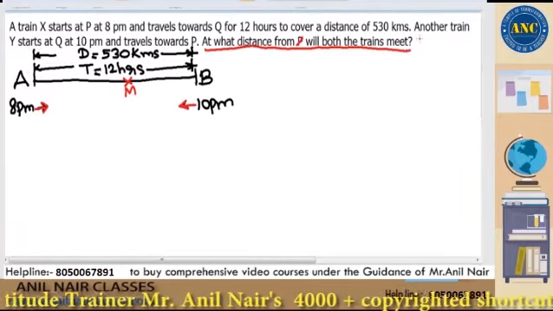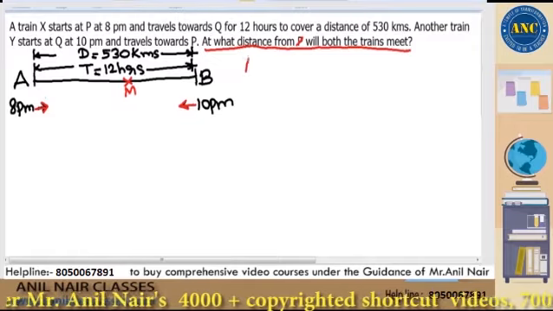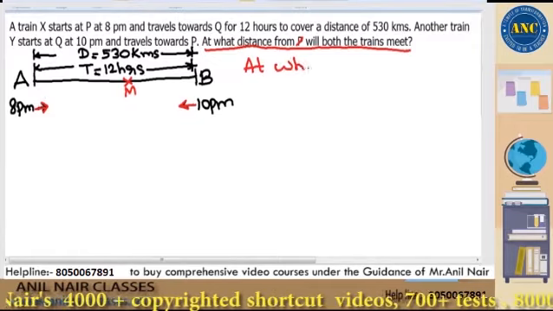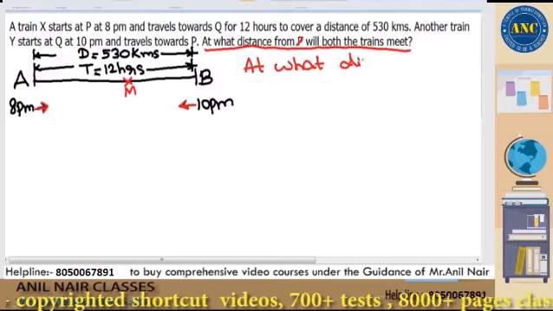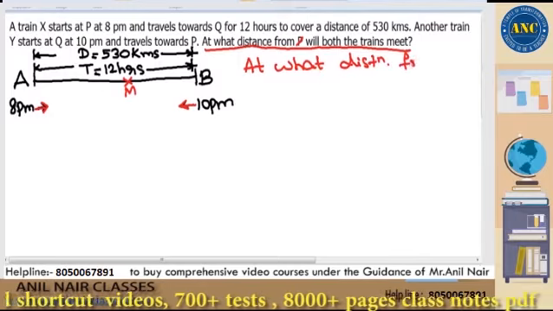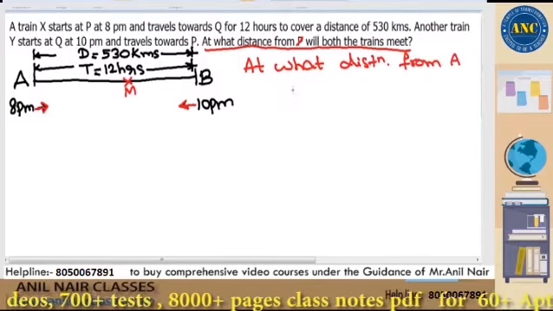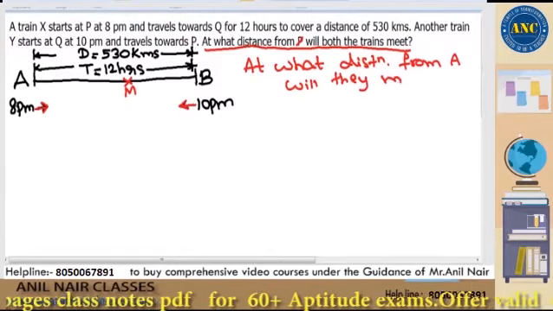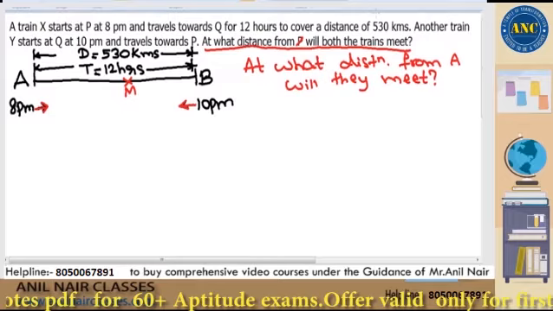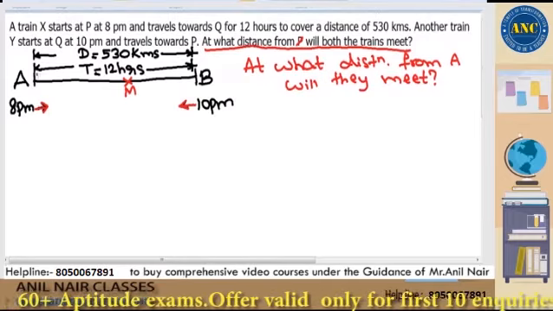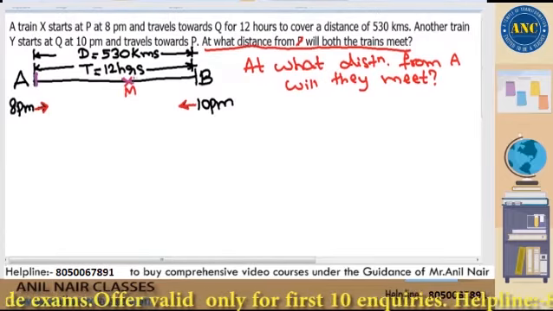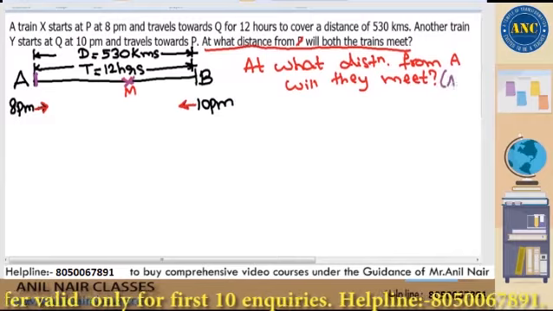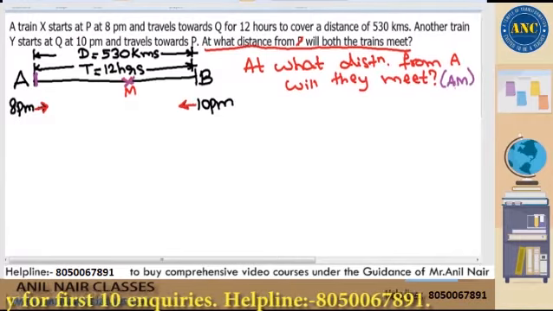At what distance from A will they meet? That means in this question they are asking you the distance from A till the meeting point M. That means they are asking you the distance AM, right?